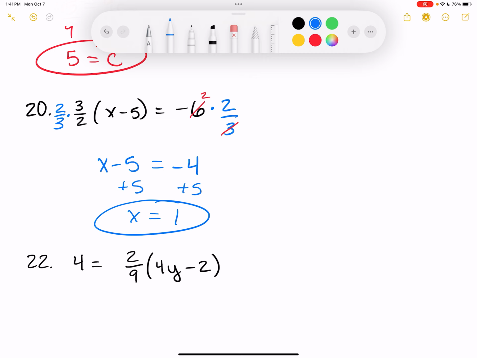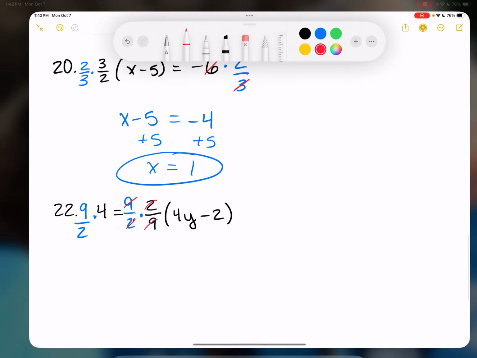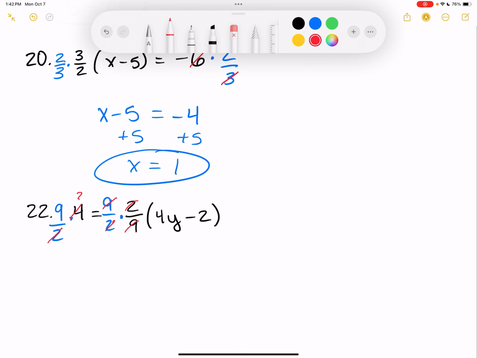Times 9 over 2. Yep. And so this stuff over here cancels. 9 over 2 times 4 would be 18 because 2 goes into 4 2 times, so 9 times 2 is 18.